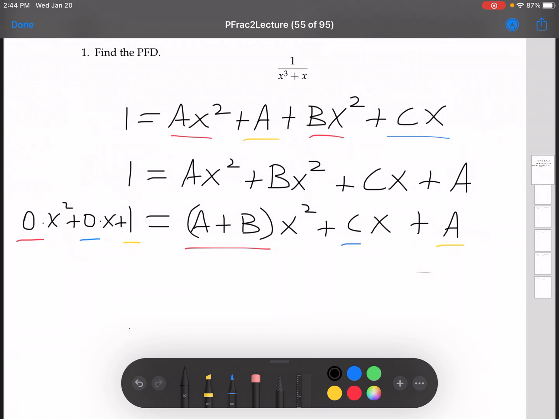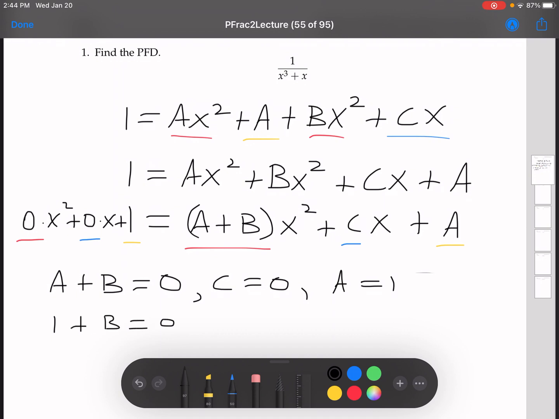And so let's write that out. We have a plus b equals 0, c equals 0, a equals 1. So if a is equal to 1, b equals negative 1.